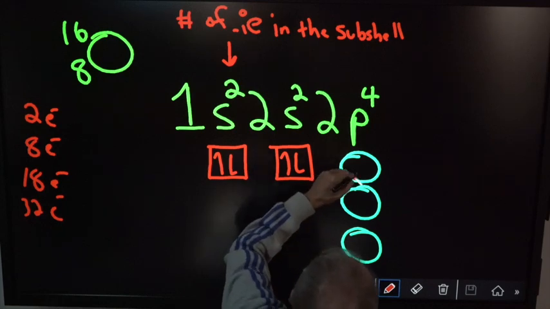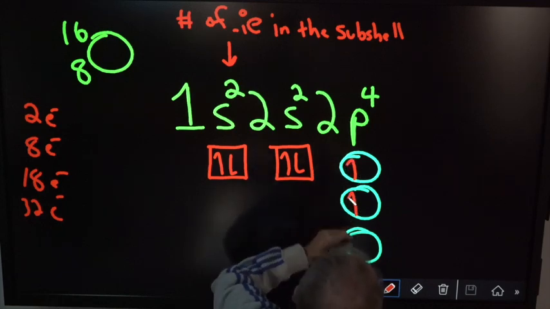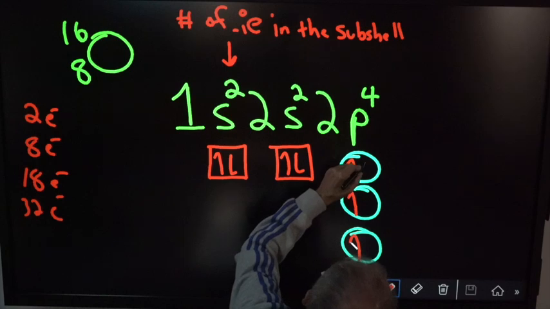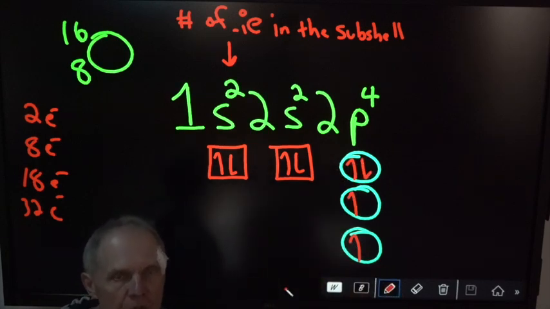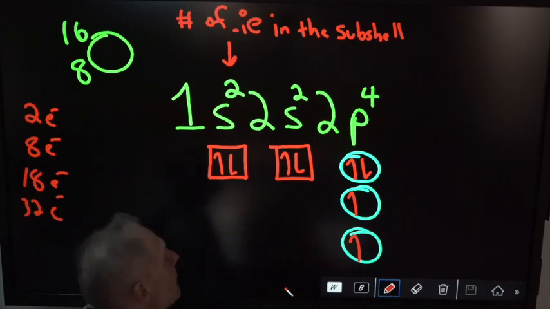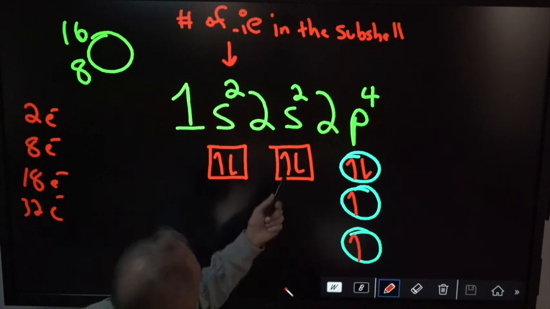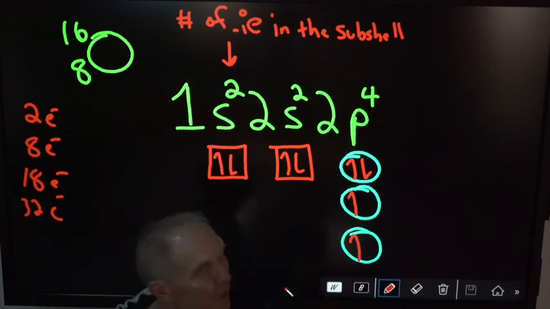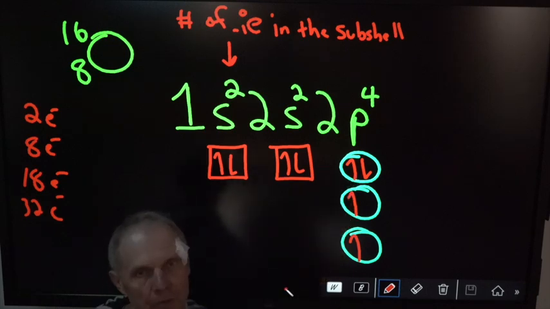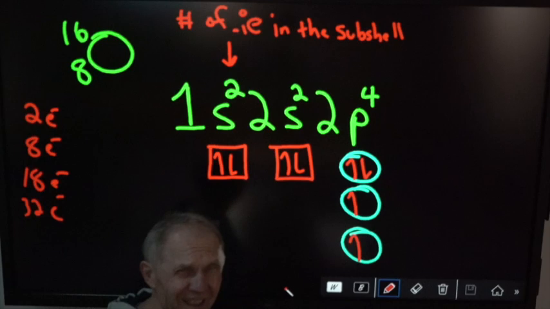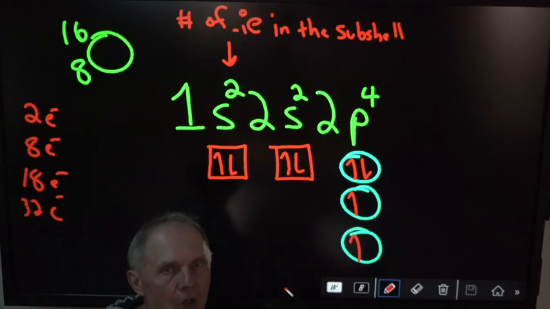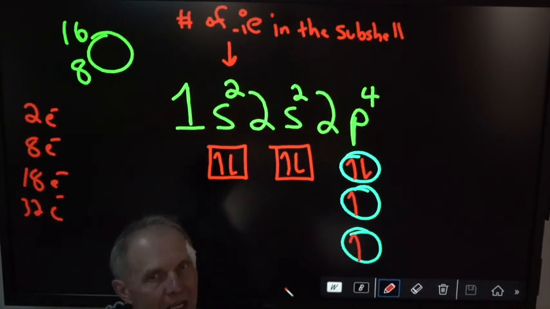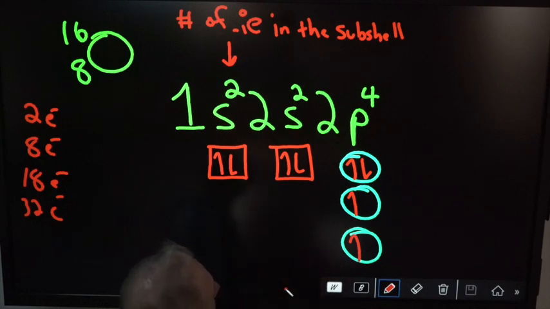So here goes 1, 2, 3, and 4. That's what the rule means. 1 in each before 2 in any. So I have 1 filled orbital, 2 filled orbitals, 3 filled orbitals, and 2 half-filled orbitals. You understand that? Now the orbitals give rise to something called electron dot. But we're not going to do that now. We got a lot of these to do.